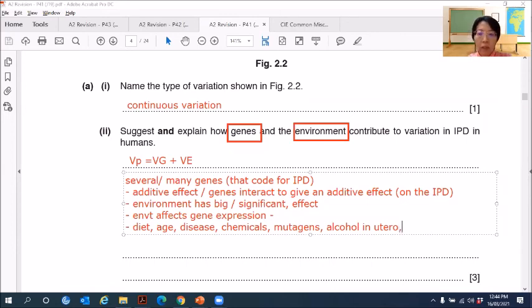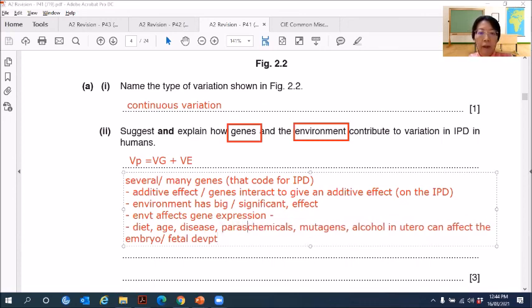So this can affect embryo or fetal development. And presence of disease, presence of parasites as well, parasites in the uterus.